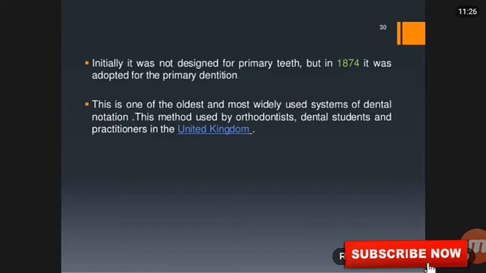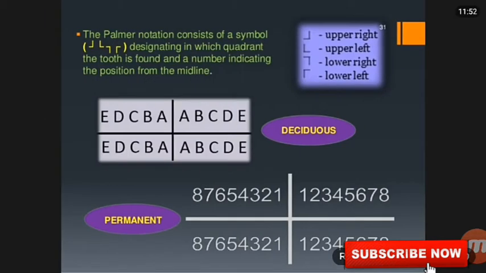This is one of the oldest and most widely used systems of dental notation. This method is used by orthodontists, dental students and practitioners in the United Kingdom. I think it is the easiest way of numbering the teeth.